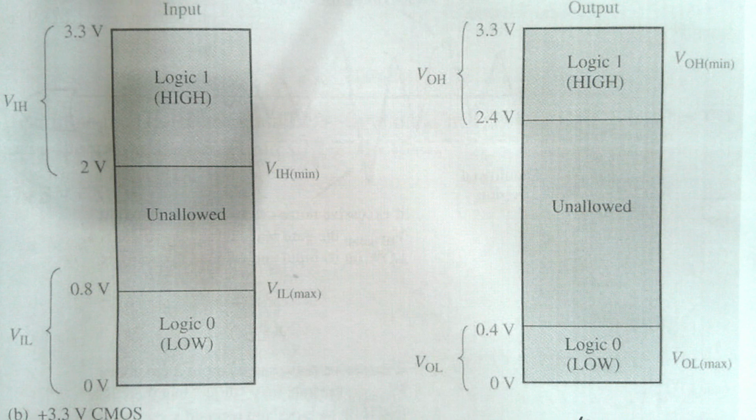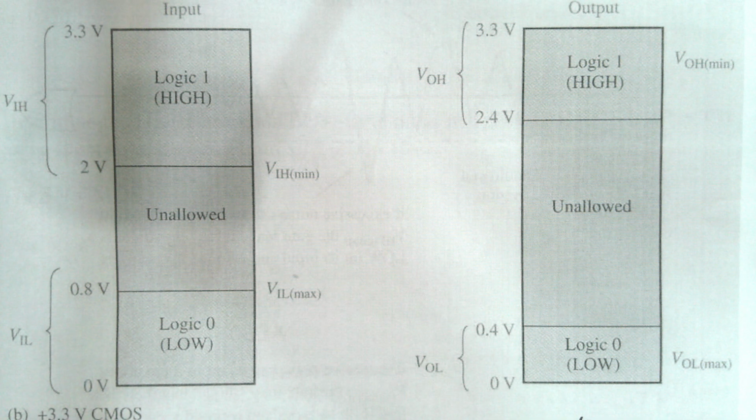What about plus 3.3 volts CMOS technology? Let's look at that. This is the input and output logic levels for plus 3.3 volts CMOS technology. Like the plus 5 volts CMOS technology, more or less the same thing applies, the difference is that we are limited to plus 3.3 volts.